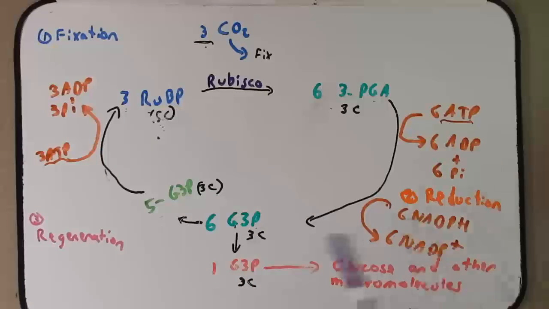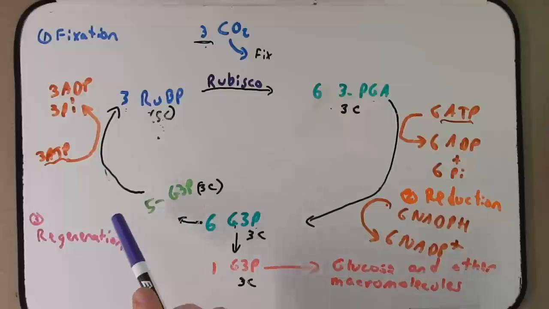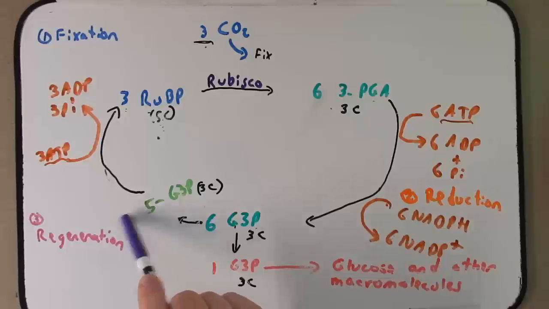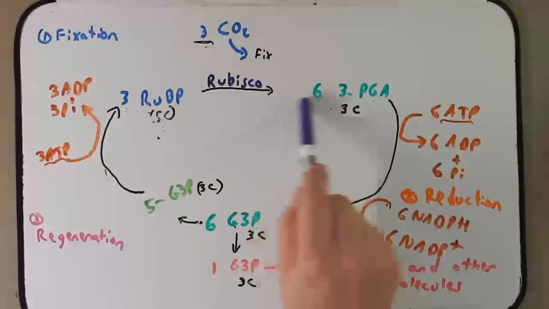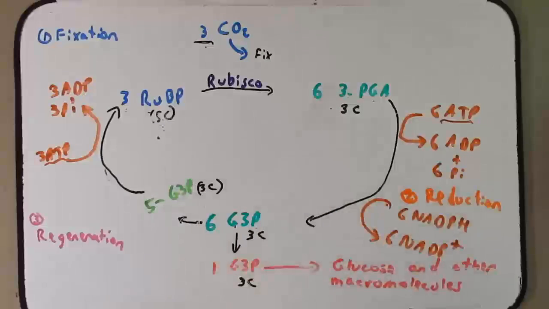During the reduction phase here, we lose one of those G3P molecules, which is converted later on into glucose and other molecules. The 5 remaining G3Ps have their chemical bonds restructured, reorganized, and we generate 3 RuBPs so that we can continue the cycle over and over again.